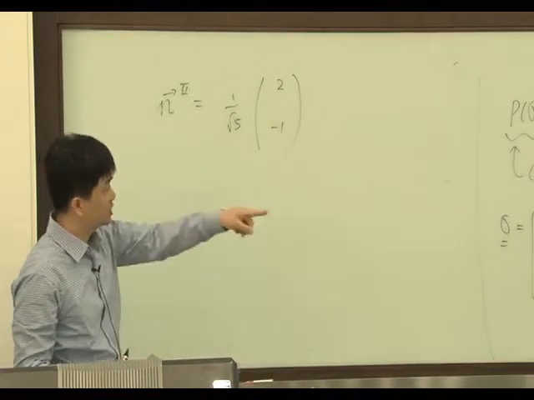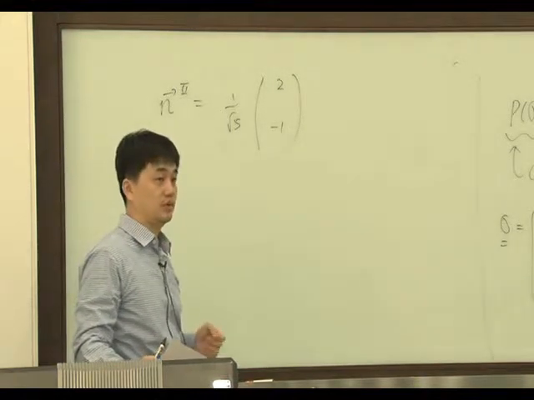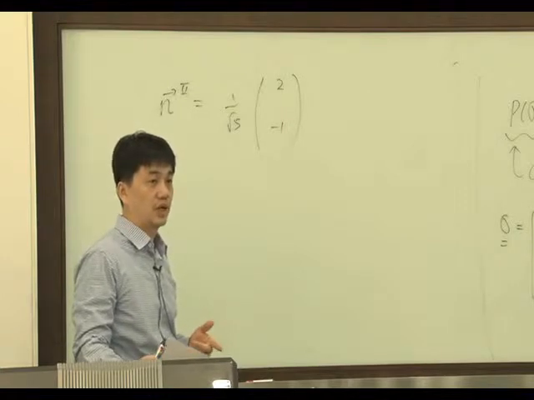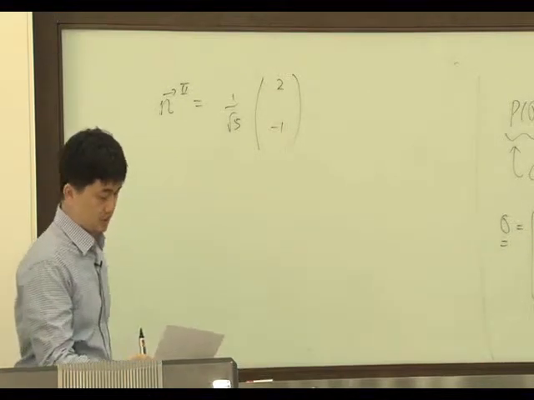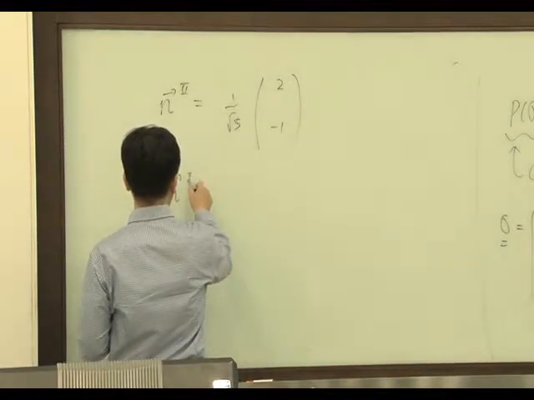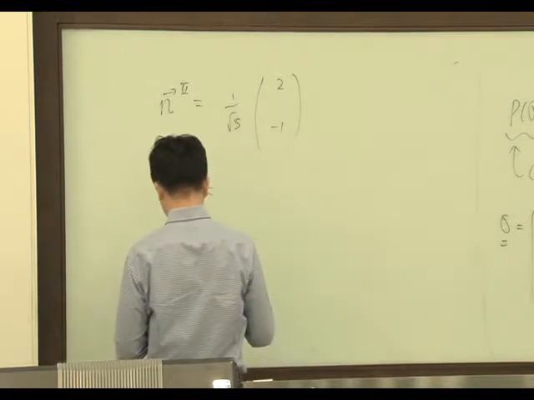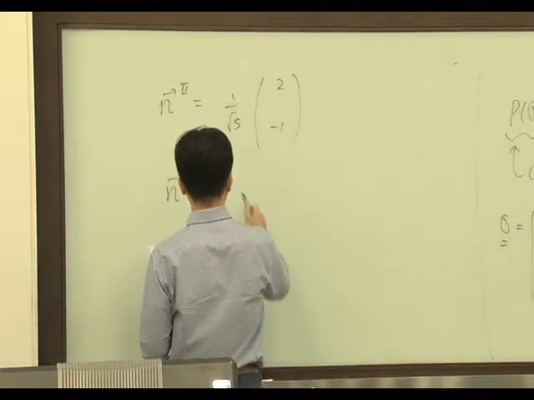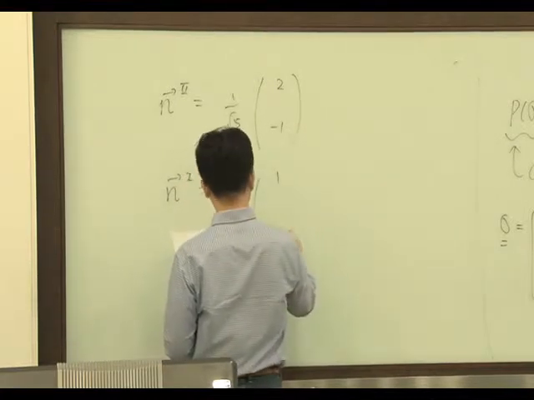If you put this in that equation, you will have 0. And square root 5 is used to normalize, to make a unit vector. And similarly, we can calculate N1 with principal stress 1. Then it becomes (1, 2) over square root 5.